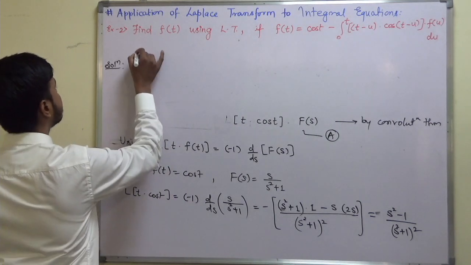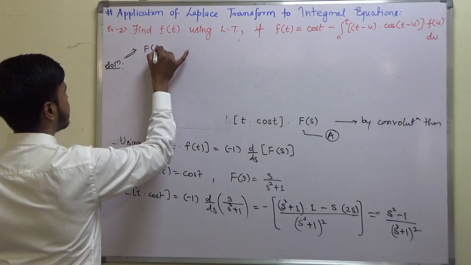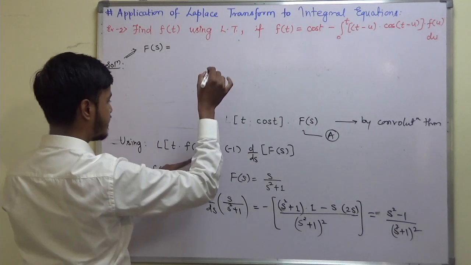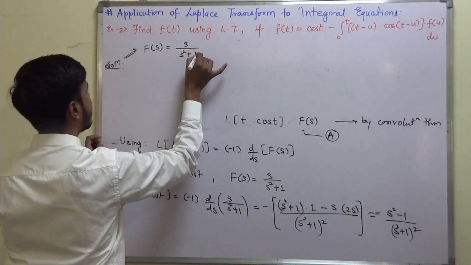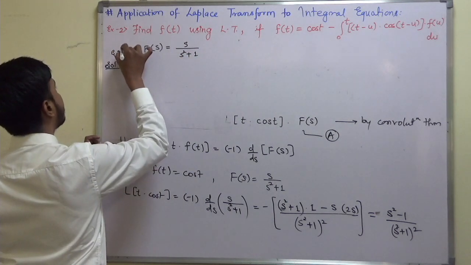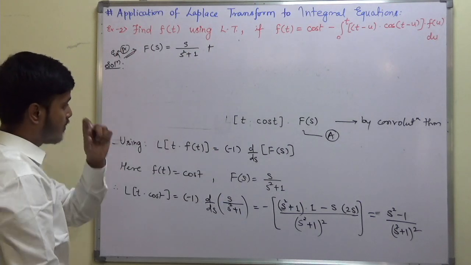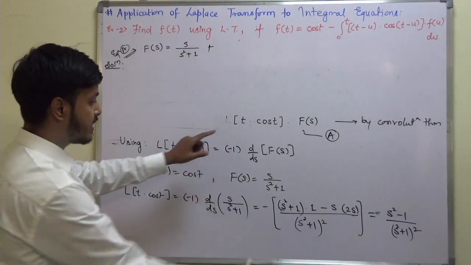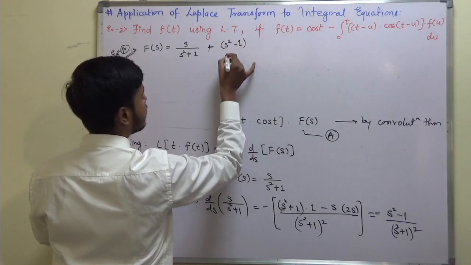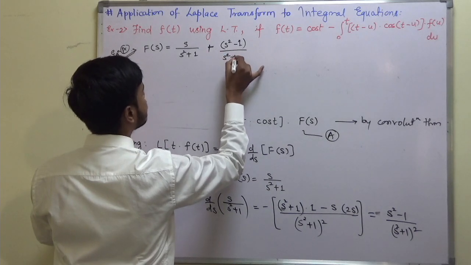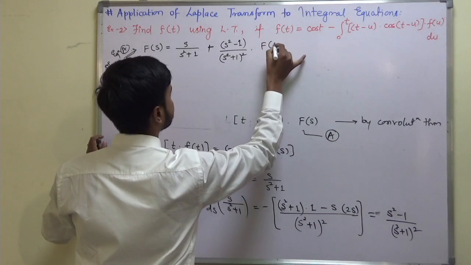This implies f of s is equal to s upon s square plus 1 from equation A, plus the Laplace transform that we have found out, s square minus 1 upon (s square plus 1) whole square into f of s.